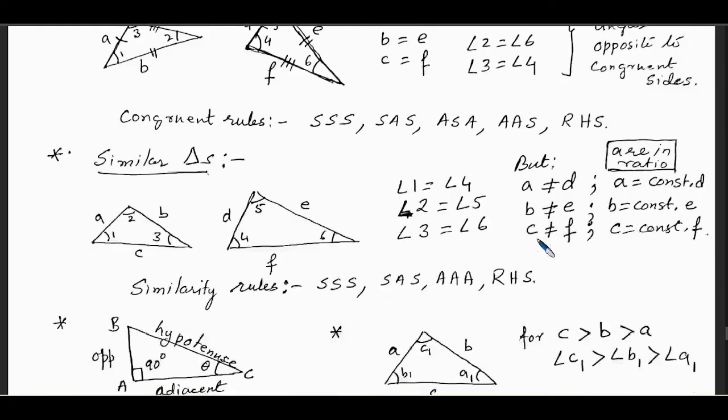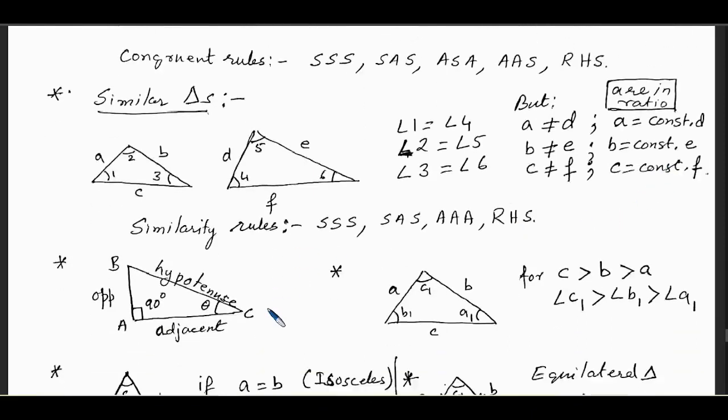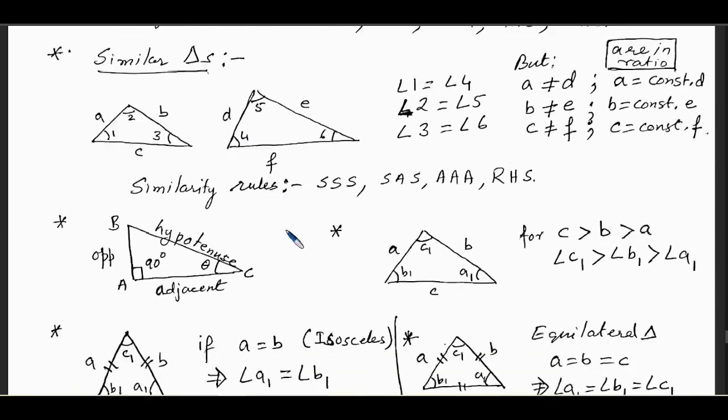They are in some constant ratio. A is some constant times D. A is not equal to D. B is not equal to E. There will be some constant times E. So they are similar. The angles may be the same, but sizes will be one small, one big.